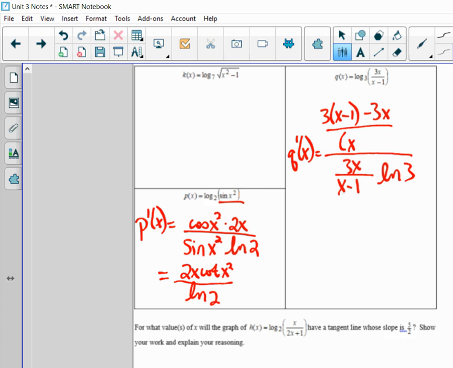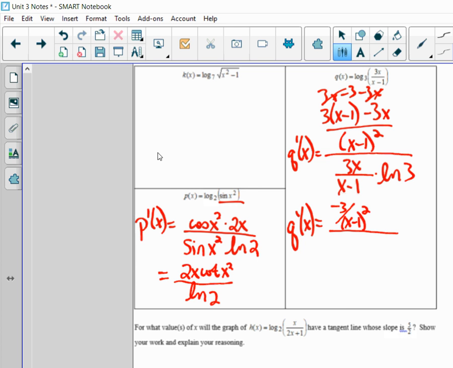All over x minus 1 squared. So cleaning that up, this would be 3x minus 3 minus 3x on the top. So I think I just get negative 3 over x minus 1 squared.